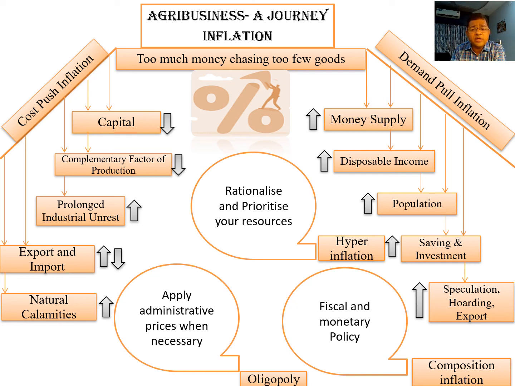Another most important parameter is compositional inflation. Compositional inflation means, just for example, there are food grain, automobile, real estate, FMCG products, these types of commodities. Many times the demand for automobiles will increase, whatever money the consumer has.